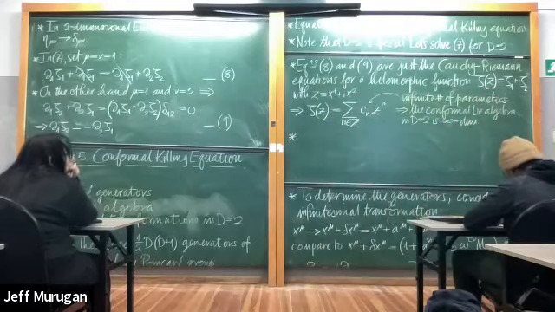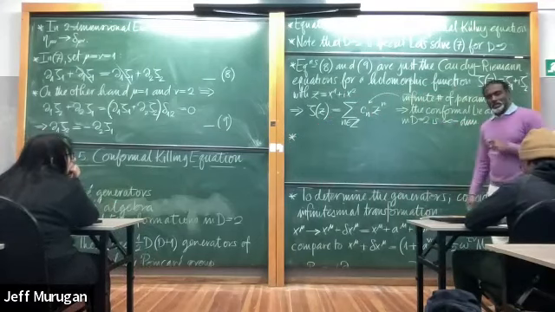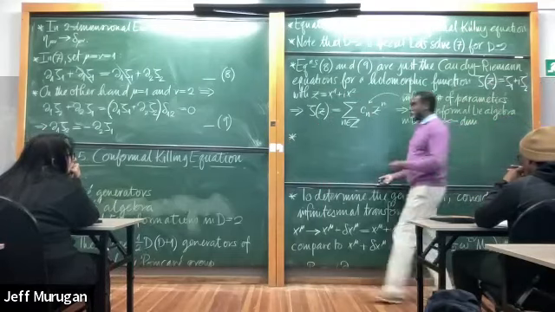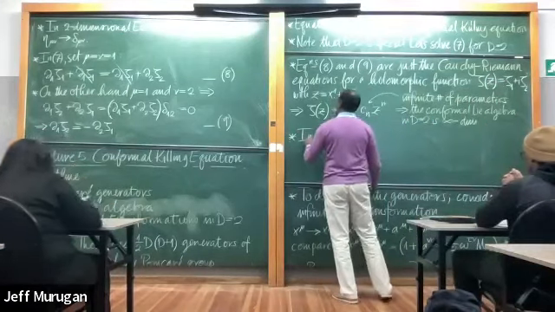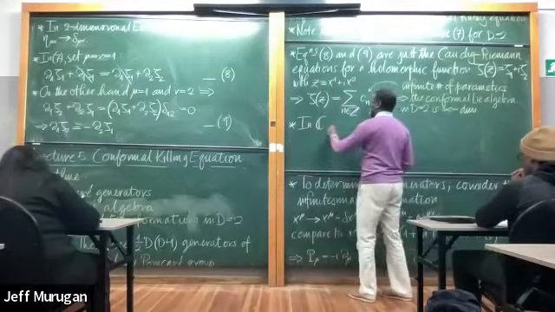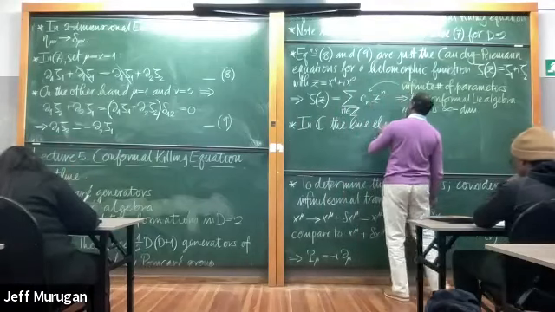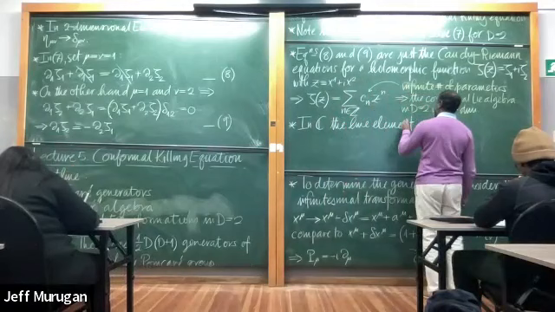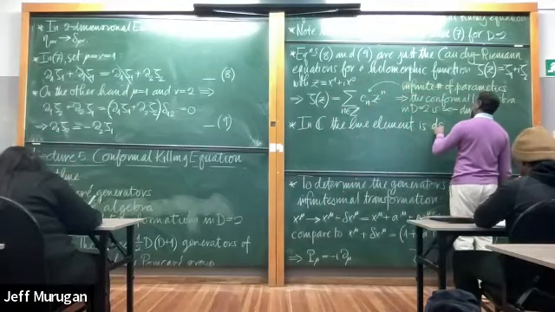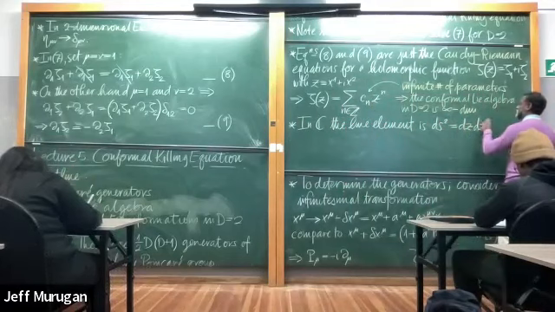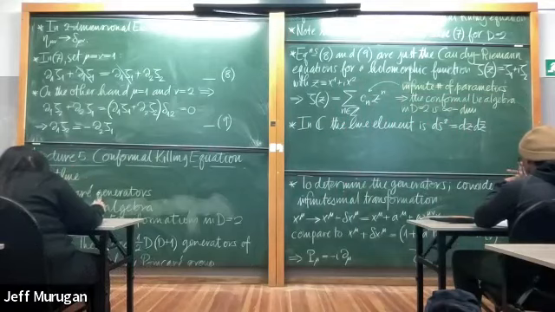So there are coordinate transformations that I make that end up rescaling the metric. So let's start off with the complex plane and write down the line element. So in C, the line element is dx squared, and dx squared is dz dz bar. And now let's make it conformal.